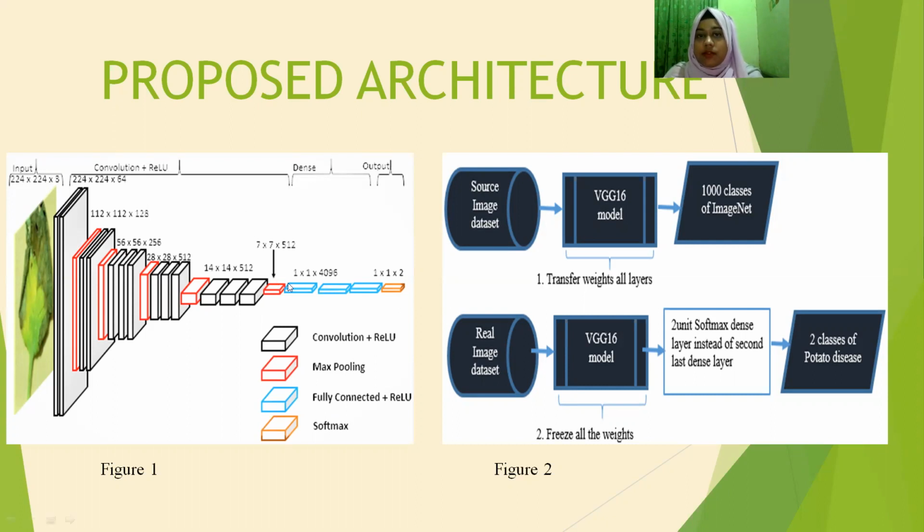From figure 2, we can compare the VGG16 system with the customized VGG16 system. From the source image dataset, the VGG16 model classifies into 1000 classes of the ImageNet dataset.